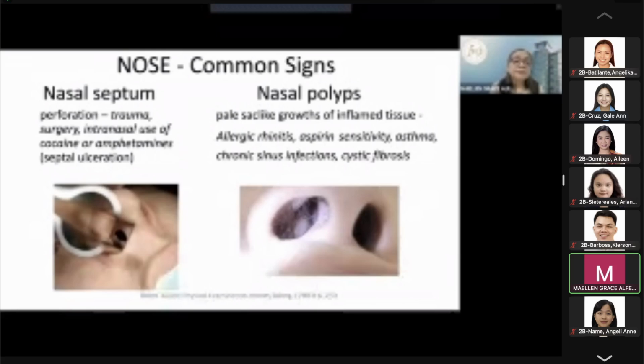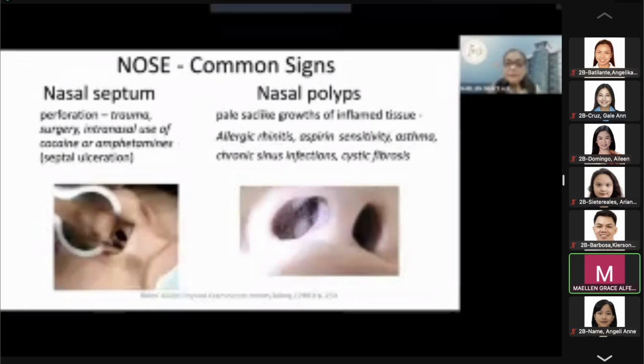It can be due to trauma, but it can also be due to a surgical problem, okay? And intranasal use of cocaine or amphetamines may give rise to a perforation, but a lot of times it starts out with a septal ulceration first.